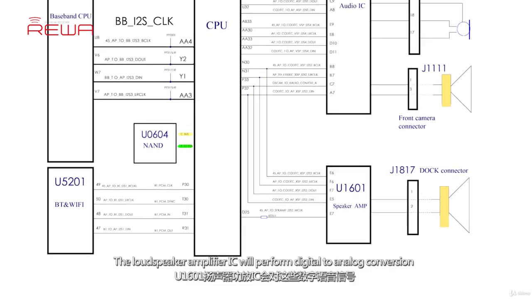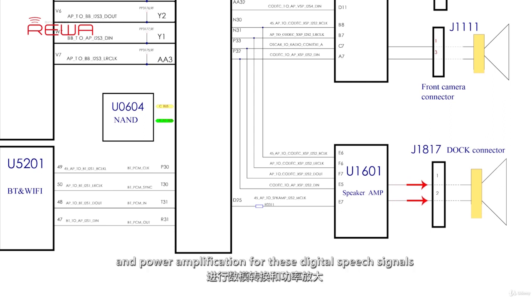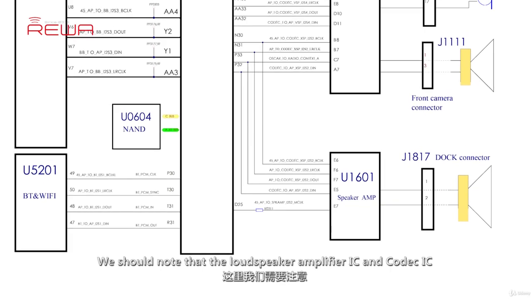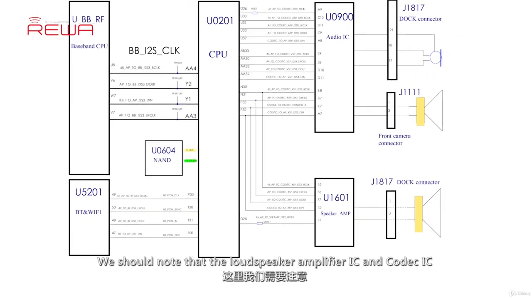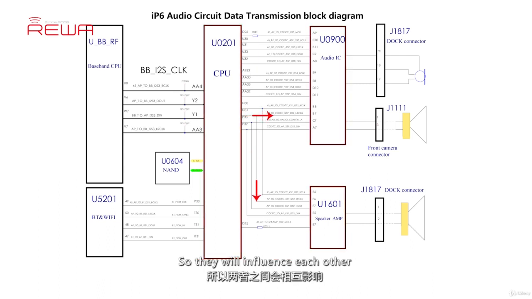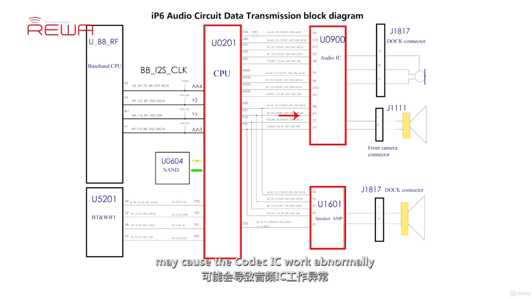The loudspeaker amplifier IC will perform digital to analog conversion and power amplification for these digital speech signals, then output the processed signal to loudspeaker. We should note that the loudspeaker amplifier IC and codec IC share the same XSP pass of I2S bus, so they will influence each other. For example, the damage of loudspeaker amplifier IC may cause the codec IC to work abnormally.